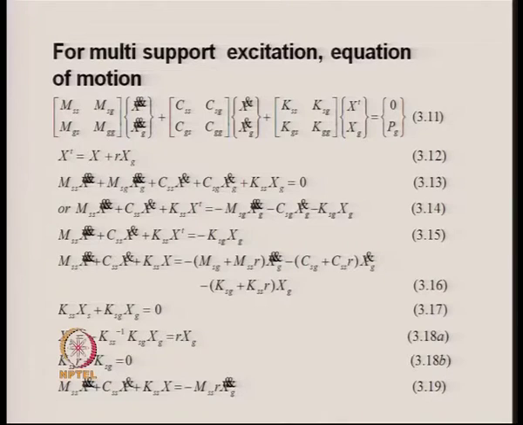Now, let us come to the equation of motion that we write for multi-support excitation. Before we come to that, let me also explain how we can derive the mass matrix that we have solved for the pitch roof portal frame using the virtual work method.